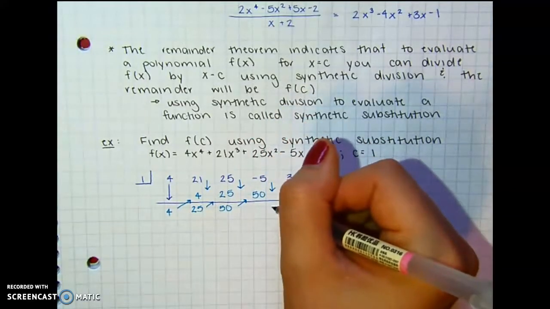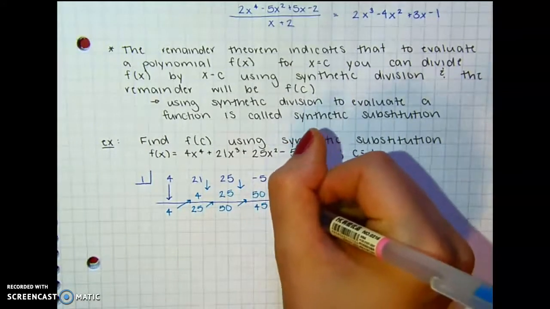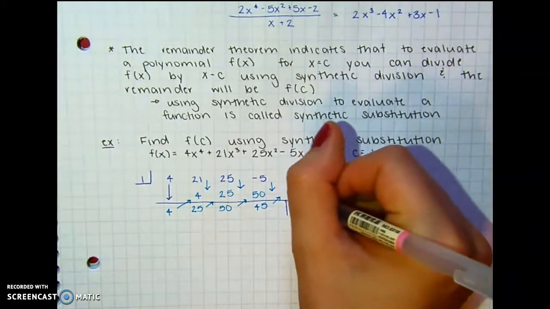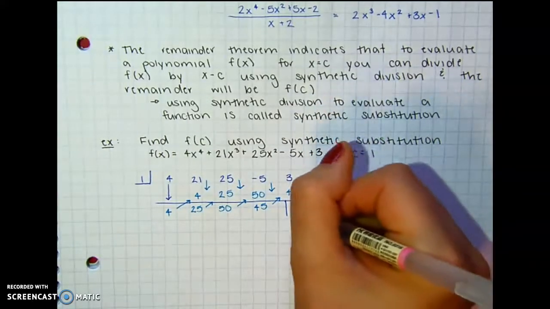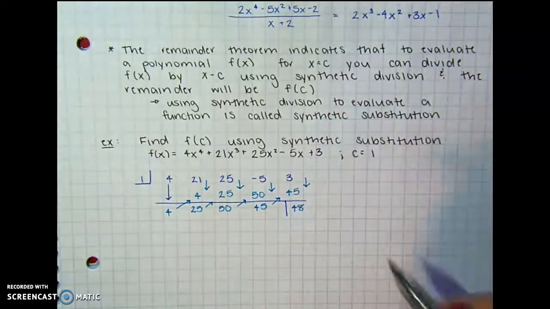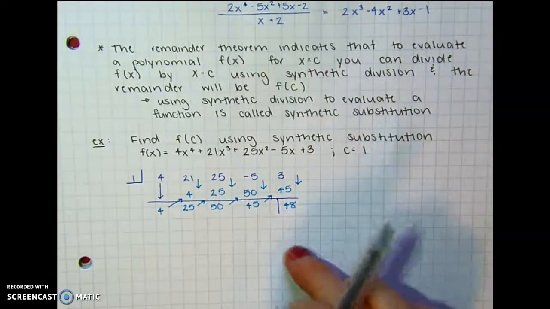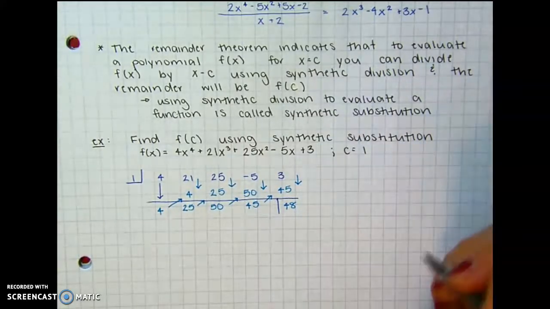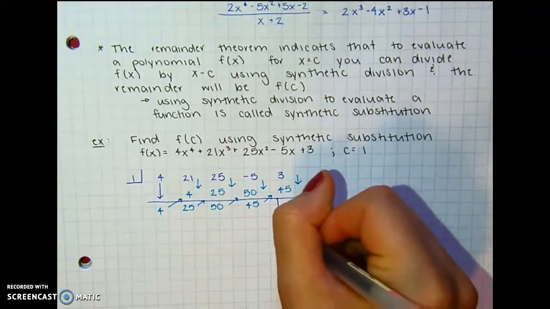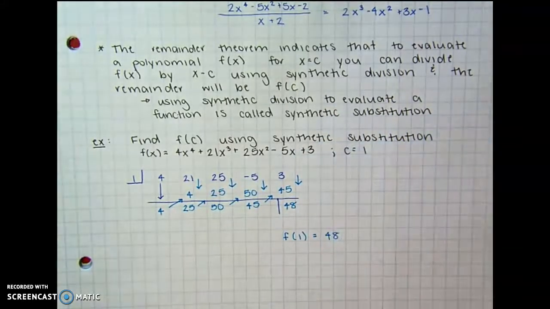Negative 5 plus 50 is 45. 45 times 1 is 45. And 3 plus 45 is 48. So since this is a remainder, the remainder theorem says that the remainder is what f of c is. So then our final answer is f of 1 is equal to 48. And that's it.